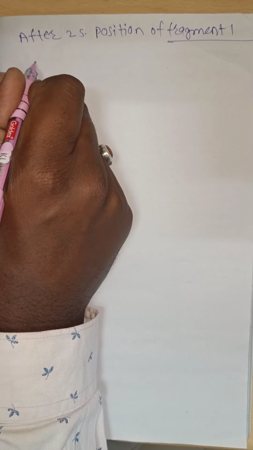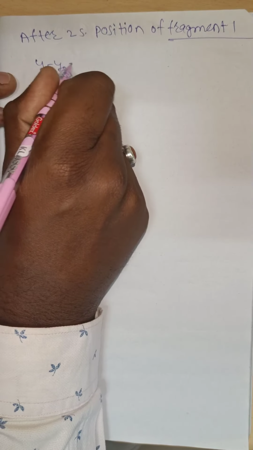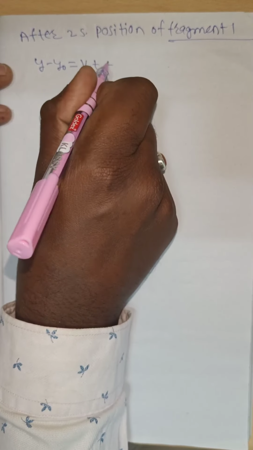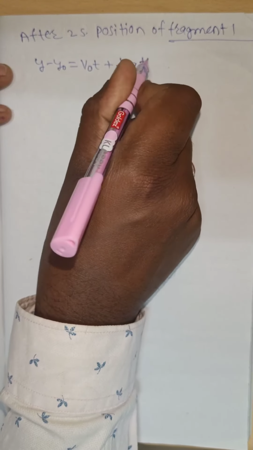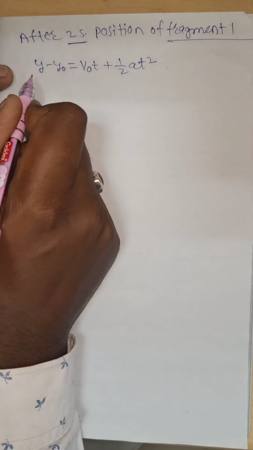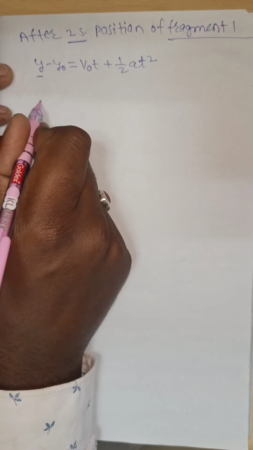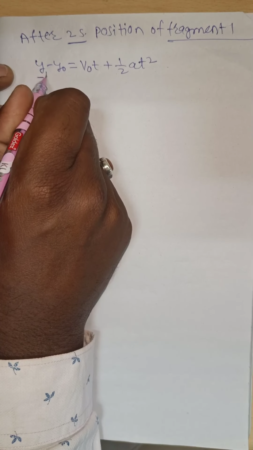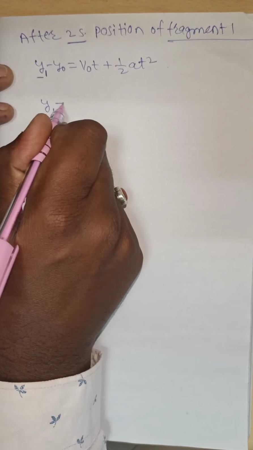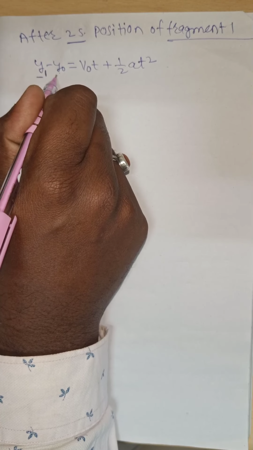Okay, you know that equation, y minus y naught equals v naught t plus half a t square. In that case the time is 2 seconds. Now the final position we have to find out is for fragment 1, therefore y1 minus the initial position.